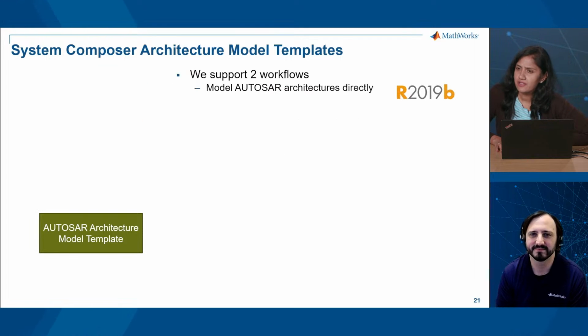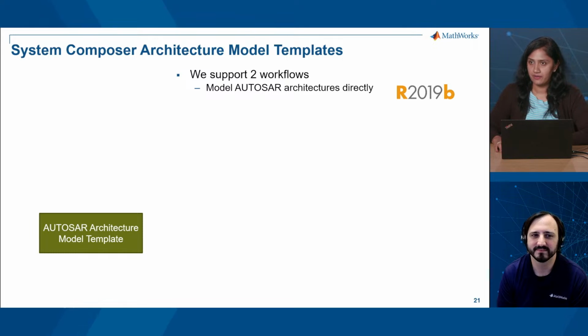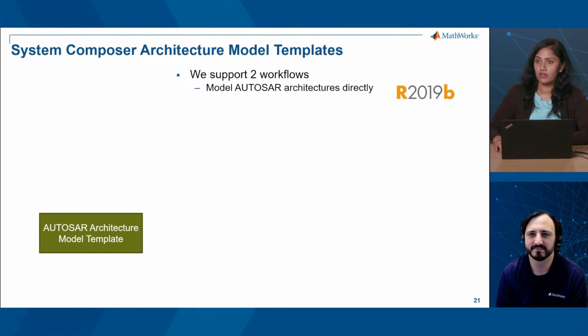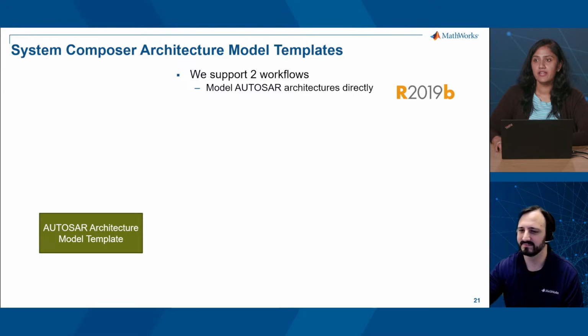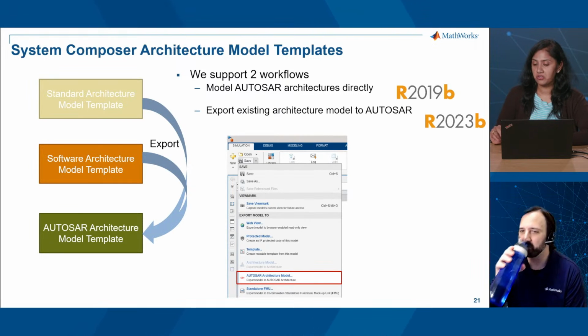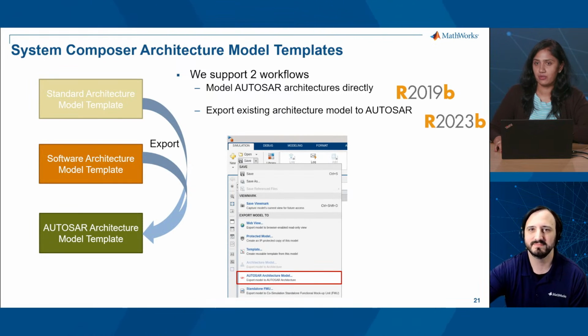All right, so we support two workflows for AUTOSAR. As of 19B, you can use the AUTOSAR template if you already know you are doing AUTOSAR. Additionally, if you already have an existing architecture model, could be Josh's architecture model, in release 19B we allowed you to export them to an AUTOSAR architecture model.